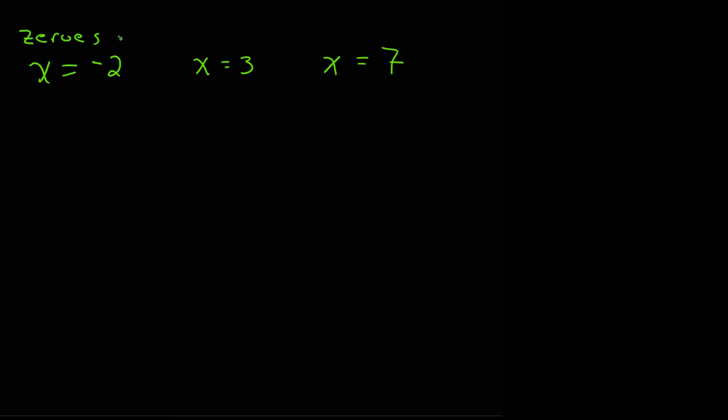So these are my zeros, my roots, my solutions. These are the places where f of x equals 0. It crosses the x-axis. But what I want to find is f of x.